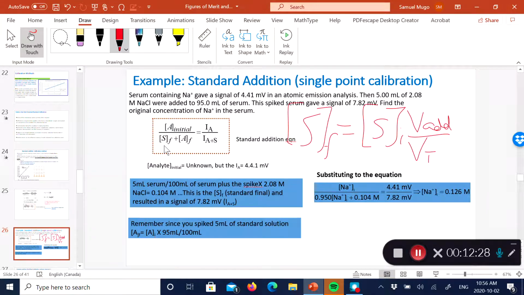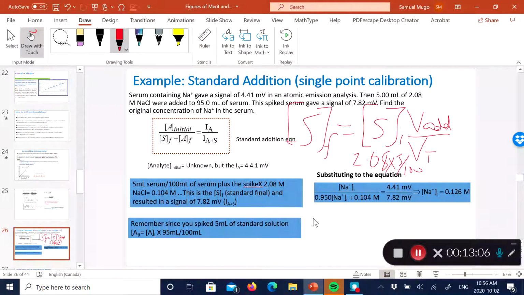Now, we already know that the standard here is equal to 2.08, times the volume that was added, 5, divided by the volume total, 100. It is 100 ml because you had 5 ml plus the 95 ml. And so if you calculate that, you're going to see the concentration of the standard final is 0.104, and that's what you put right there.